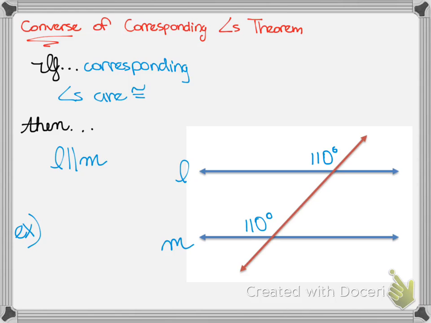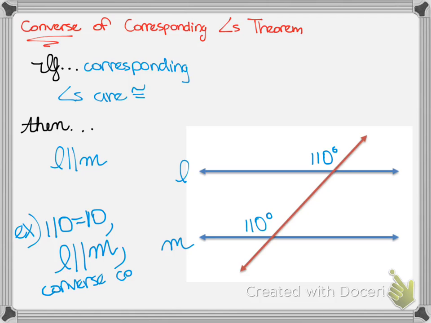So because those are congruent and corresponding, I know that L has to be parallel to M by the converse of corresponding angles theorem. So you see how that works? It's basically the reverse of everything we did. Because those have the same measure, we know they're congruent, they're corresponding, so those lines have to be parallel.